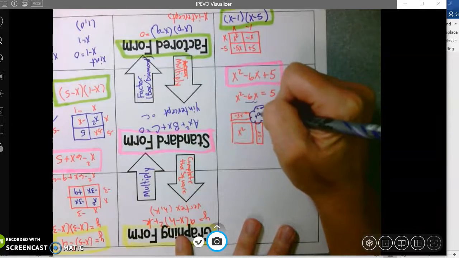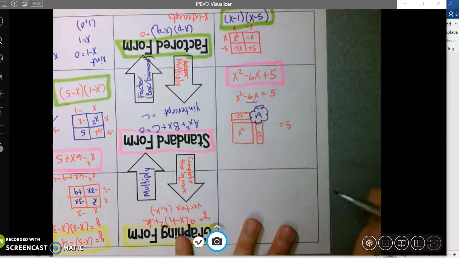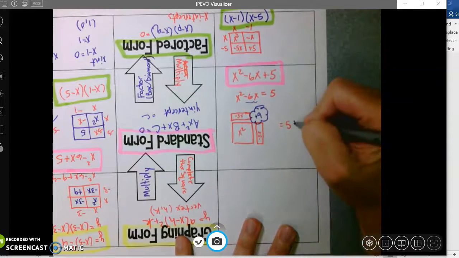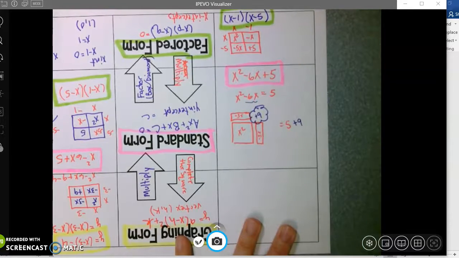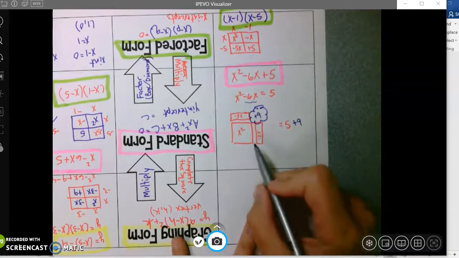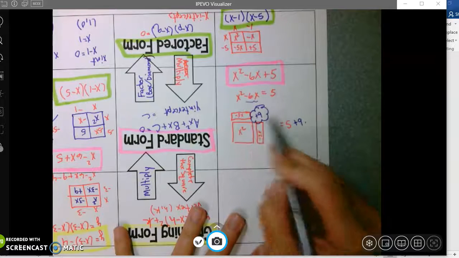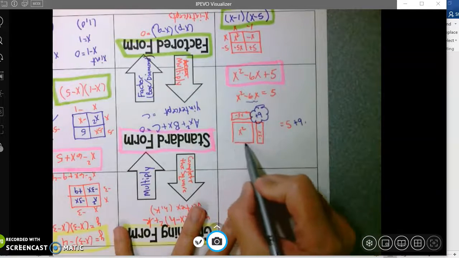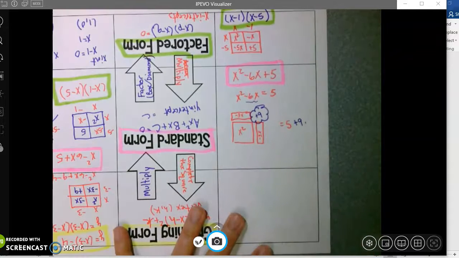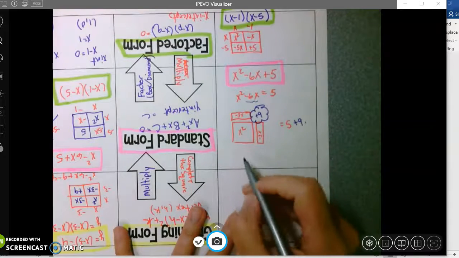And what I have to add is negative 3 times negative 3. And since I'm adding it to this side of the equation, I have to also add it to this side of the equation, right? This is helpful because it helps us to figure out what number we need to add to both sides, but it also is useful to help us figure out what our factor is over here too.